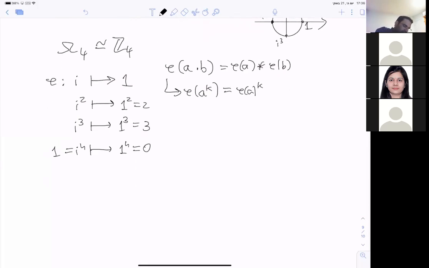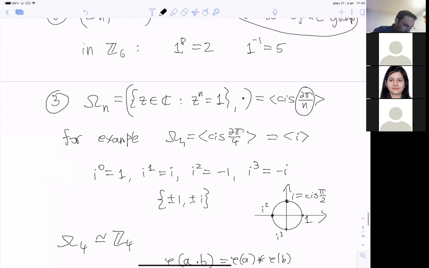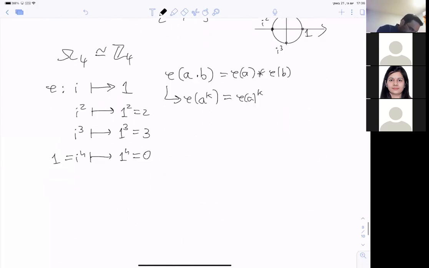So the following example is very important. For example, we take Z2 times Z3. We have seen this before.